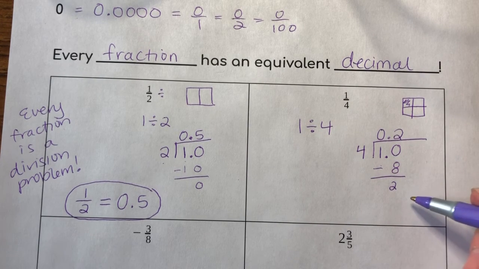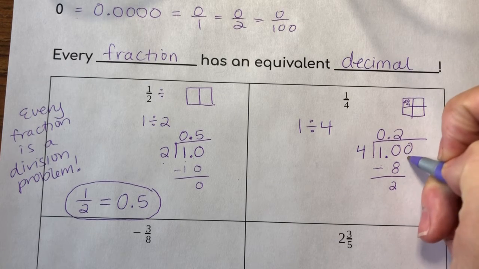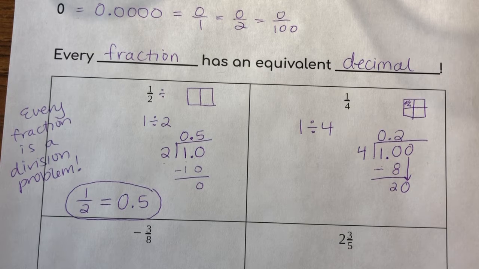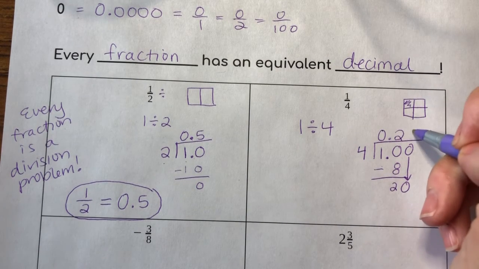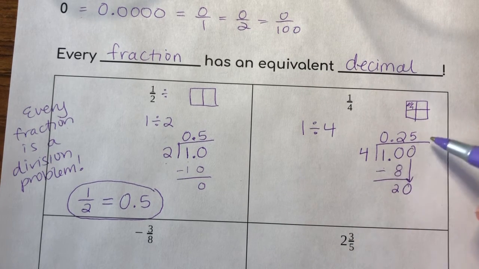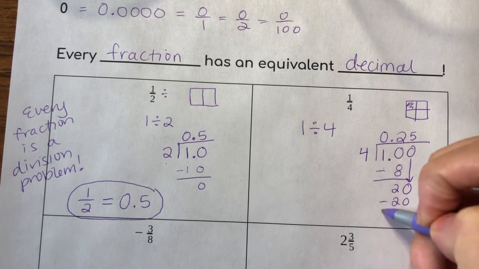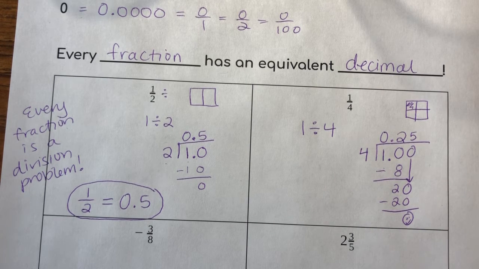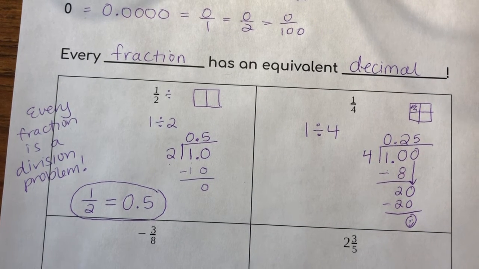I didn't get a 0, so I have to bring another digit down because I'm hoping to end this division. 4 goes into 20 5 times. 4 times 5 is 20. And I subtract it off and I get that happy 0 because I'm done my division problem.